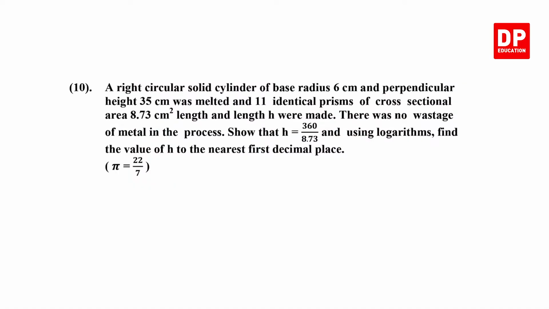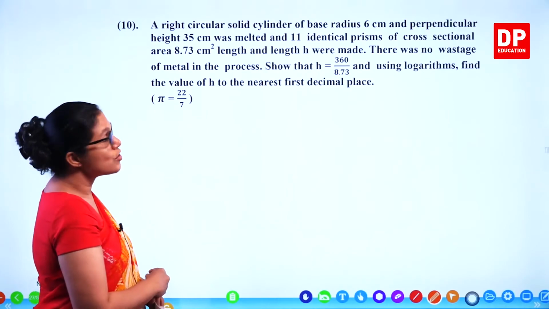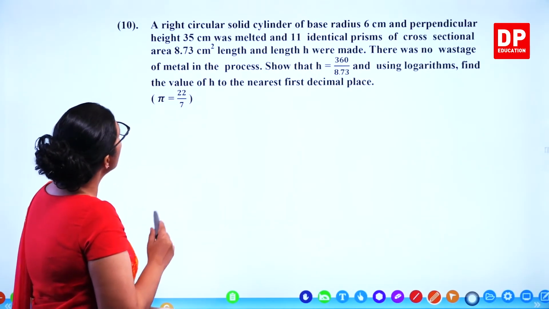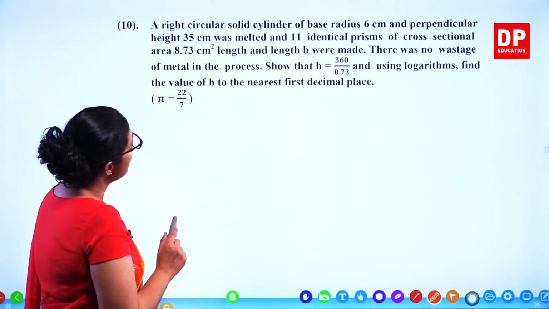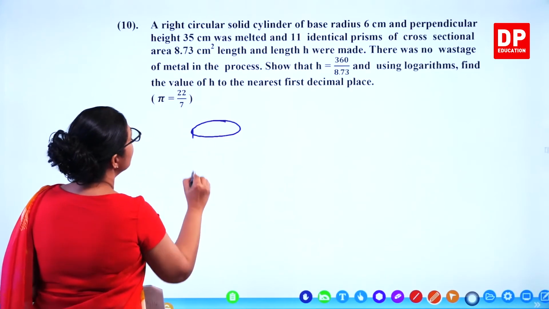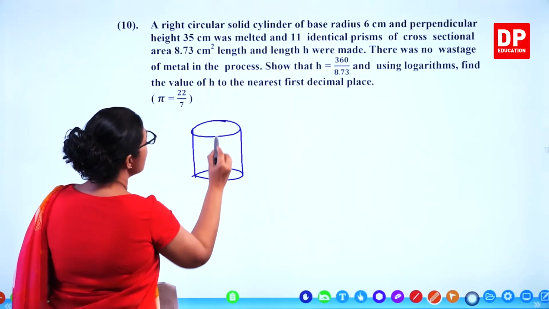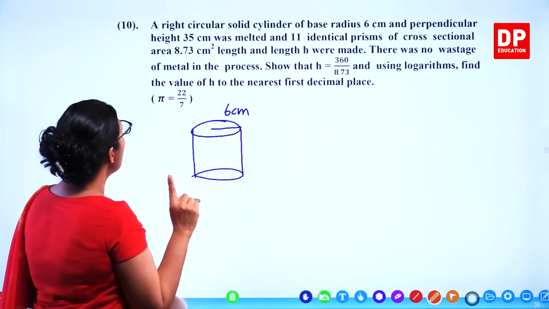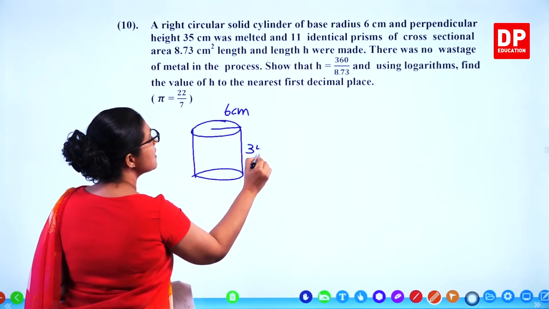Question number 10. It's about a prism and you have to find out the volume and show that H equals this. So let's do that. A right circular solid cylinder of base radius 6 centimeters. So here it's given this is 6 centimeters radius and the perpendicular height is 35 centimeters.